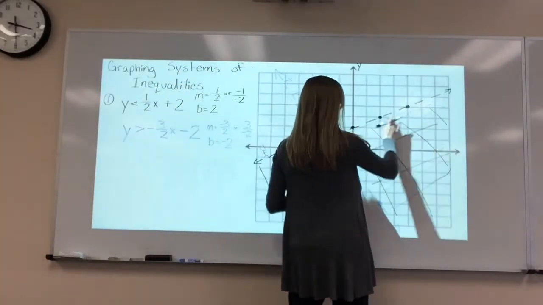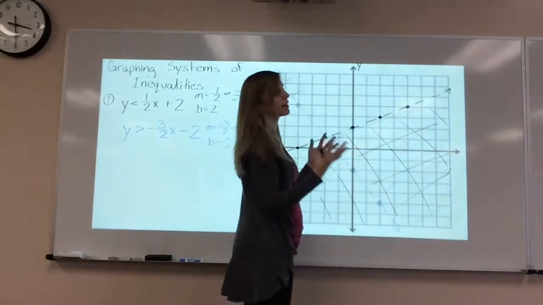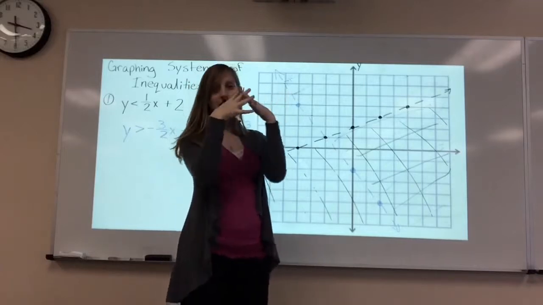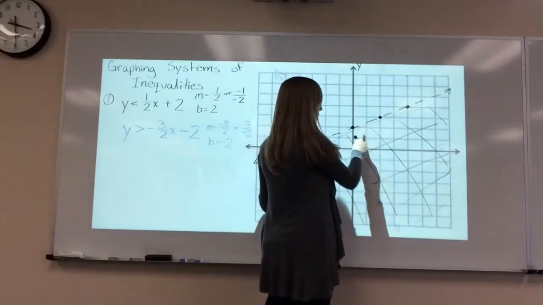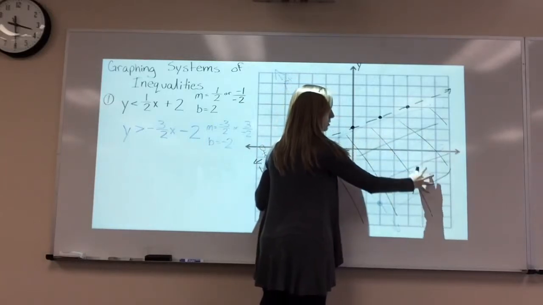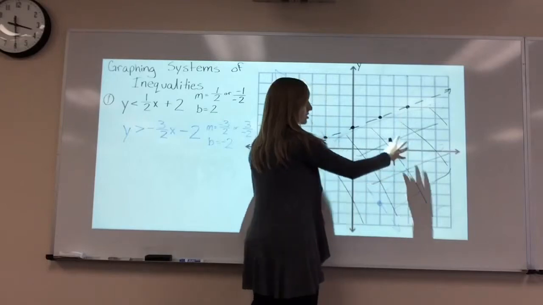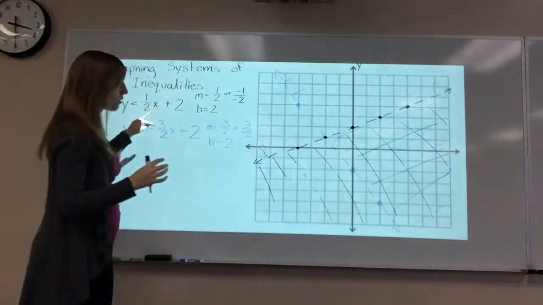This section here off to the right, you should notice on your paper that that is where the shading intersects, where it crosses, okay? Both lines, blue and black, are shaded for this space and this space only. These answers, these points are solutions for both inequalities.